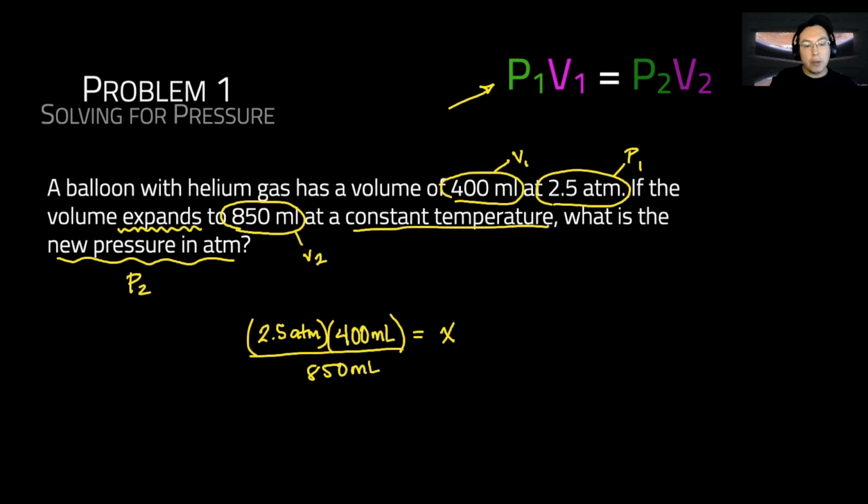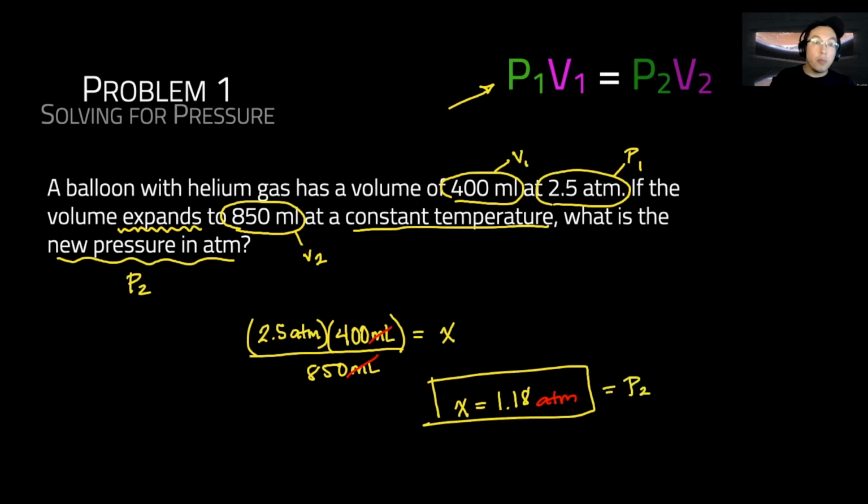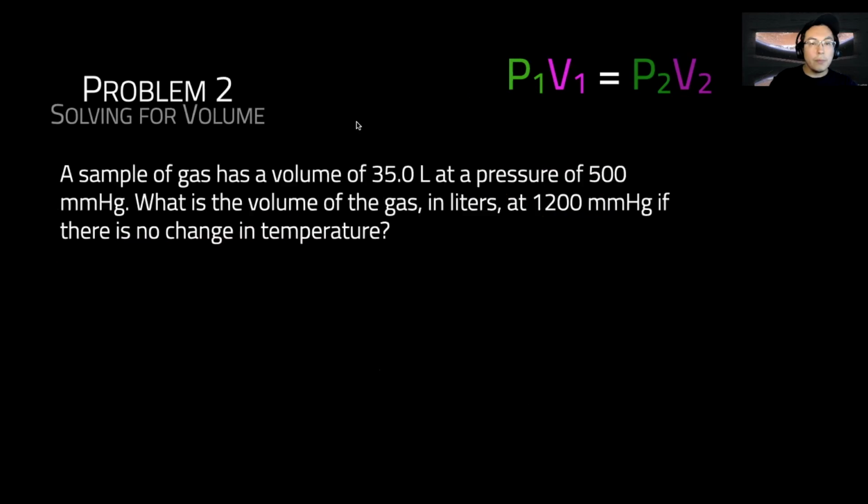After this, we can do the math and we will get as a final answer 1.18 atm. Check out the units: we have milliliters and milliliters, so we're left with atmospheres. This is our final answer for P2, our new pressure according to this problem.